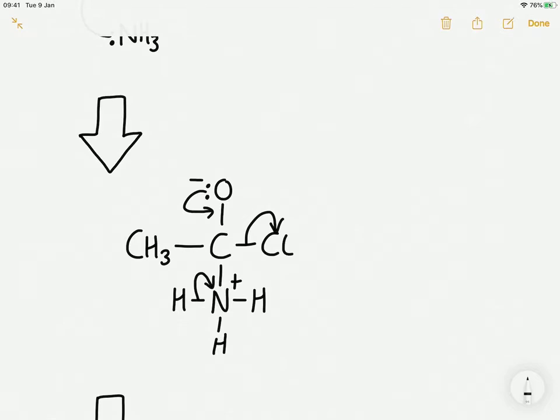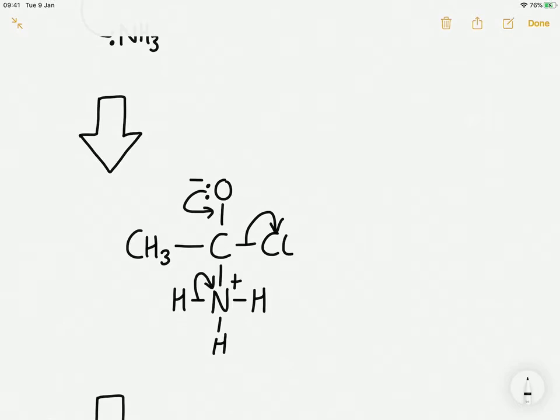Okay, and that's fine, the mechanism sort of stops there, but the wrinkle is to do with the fact that this is ammonia that we're using, okay? And this is one of the problems with A-level chemistry, because they do this for ammonia, but they don't do it for the subsequent nucleophile. But anyway, let's have a look at what I mean.